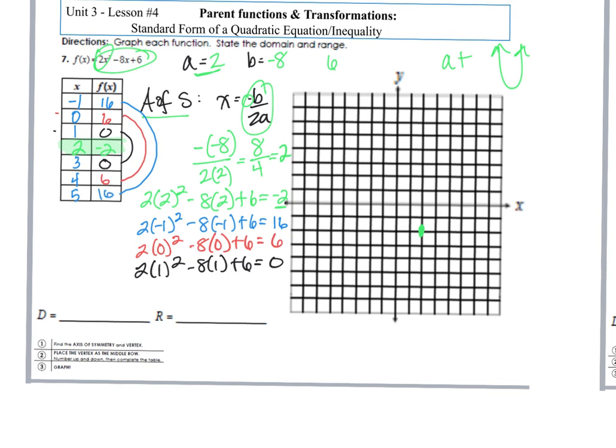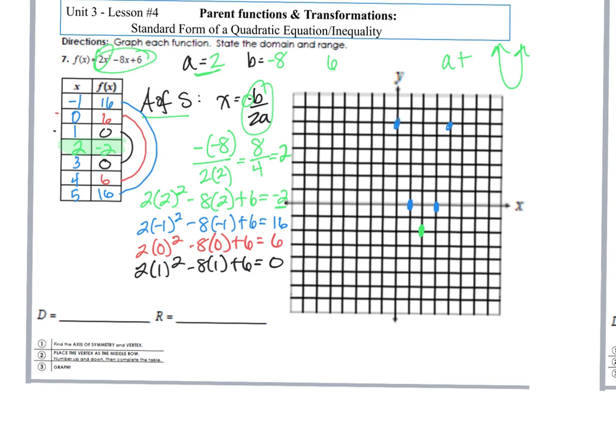So plotting the rest of our points, I'm going to have 3 and 0 and 1 and 0. I feel like these lines are kind of hard to see, but we're right here. And then 4 and 1, 2, 3, 4, 5, 6, and 0 and 6.